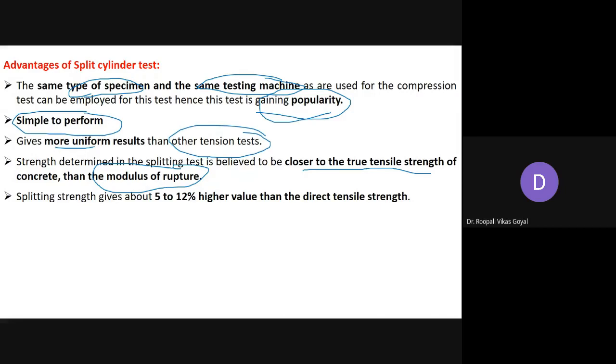This split cylinder strength gives about 5 to 12% higher value than the direct tensile strength.